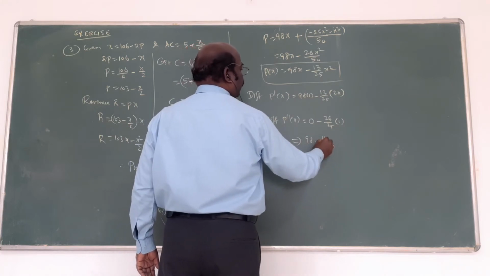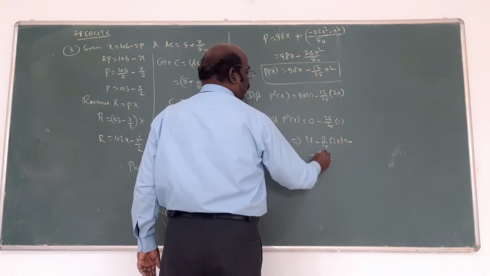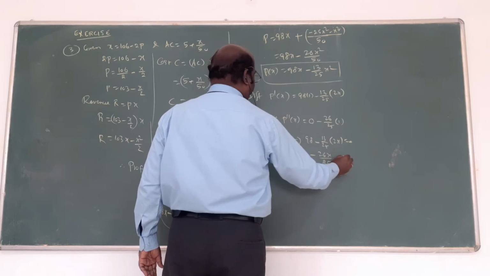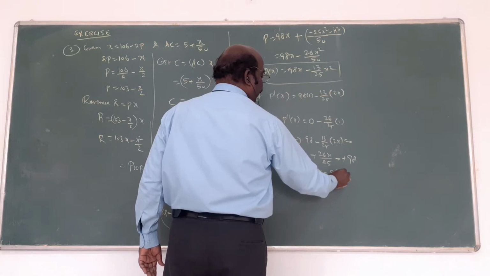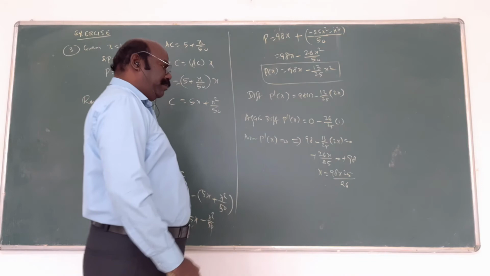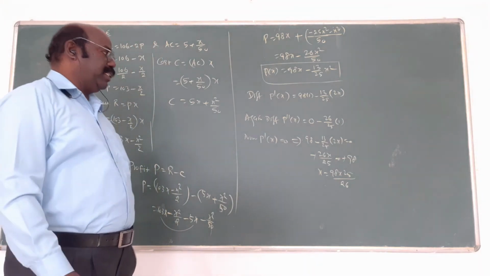48 minus 26 by 25 into x equal to 0. 26 x by 25 equal to 48. X equal to 48 into 25 divided by 26. Now how many? 48 by 26.